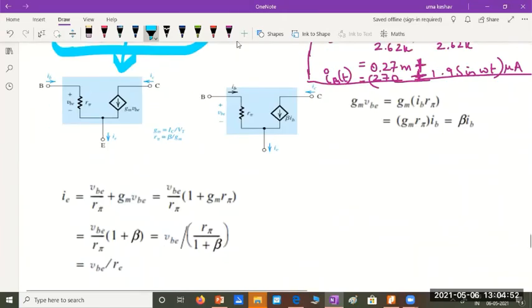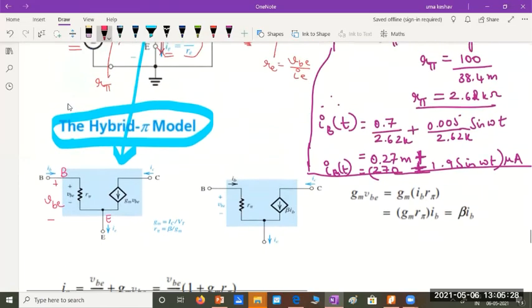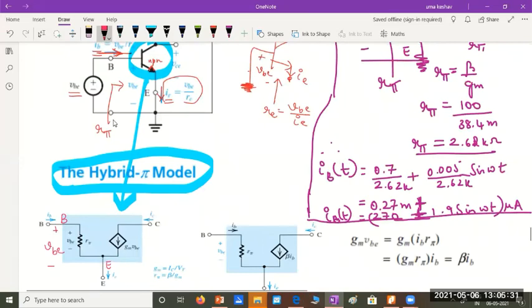For this, we have used all those parameters which we have derived in the previous cases. We showed that between the base and emitter terminals, there is a resistance R pi. If I look from the base region, I can see a resistance R pi, and there is a base emitter voltage VBE. You see here, there is a base emitter voltage VBE.